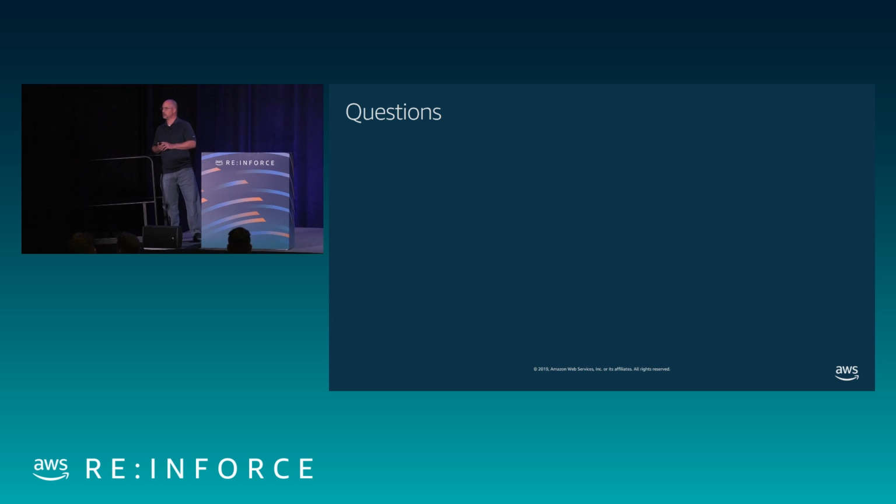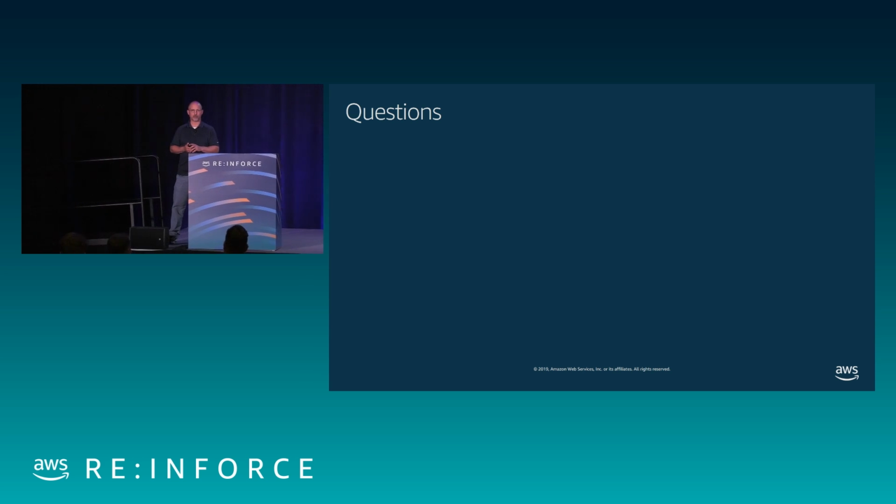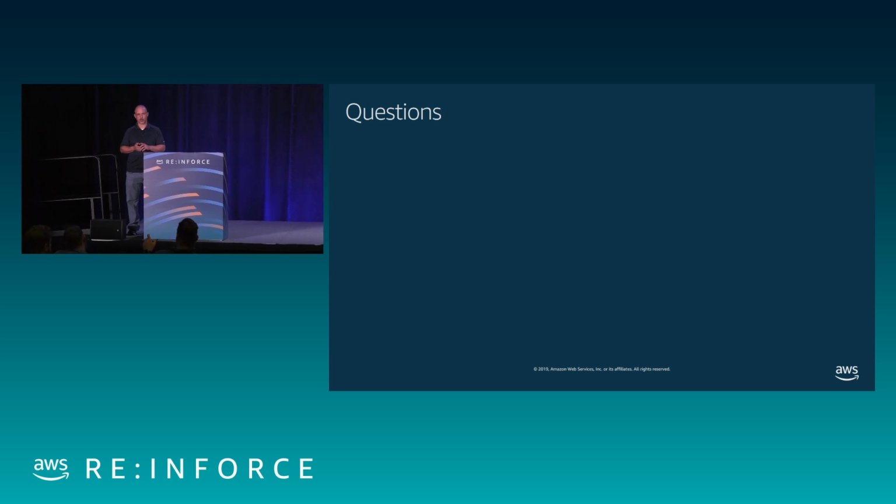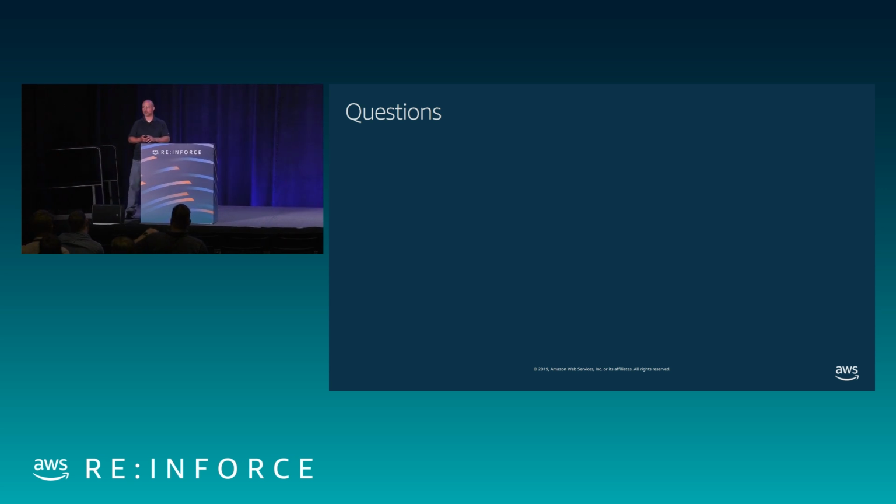Any other questions? Yep. You mentioned in the best practices to set up a CNAME for your CRL to something else. Is that set in the private CA configuration? Yeah, the question is, I recommended using a CNAME for the CRL to the S3 bucket, and that is part of the CA configuration.